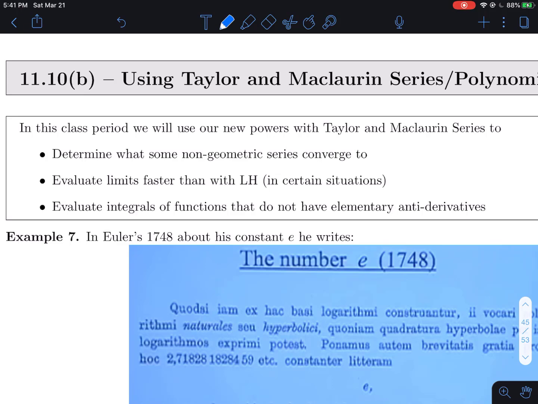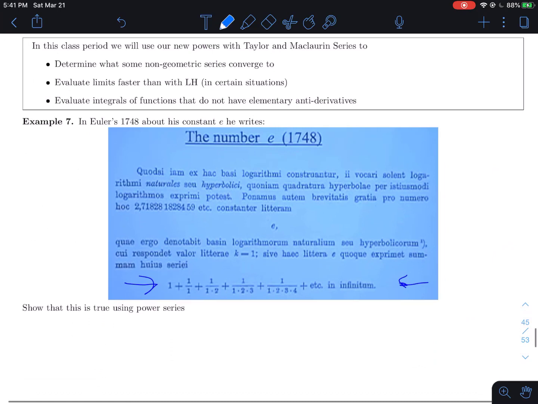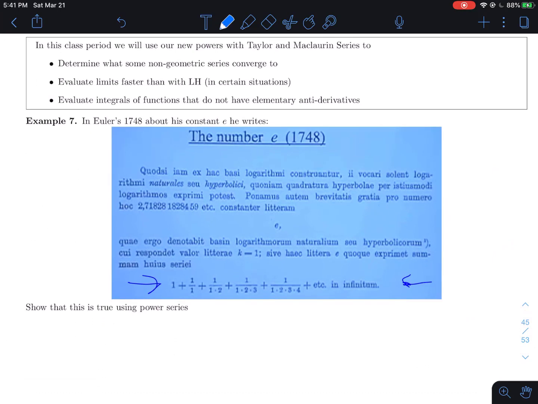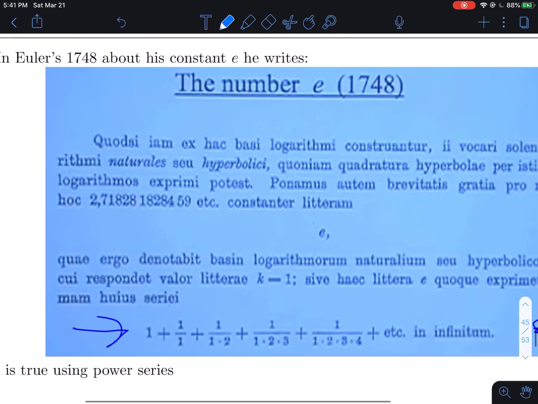Okay, so let's get to it with this wonderful historical problem I'd like to start us off with. Euler, arguably the best mathematician of all time, in 1748, is the one behind Euler's constant, this 2.718, in fact, it's right here. So he gives the decimal expansion. And remember, this is all based off of the natural logarithm.